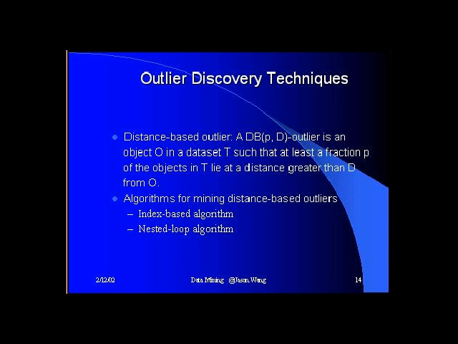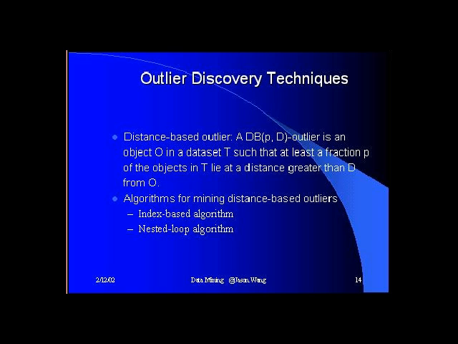Suppose you can only find very few near neighbors within distance d. You know that this object is isolated, and then this is an outlier. On the other hand, if you find that almost everybody is a neighbor of this object, then it is not an outlier. That's the nested loop algorithm.